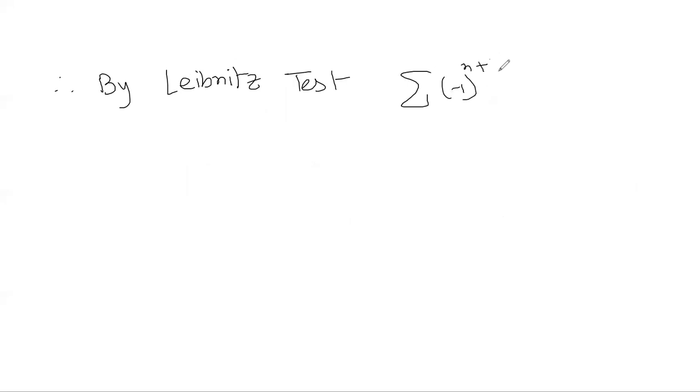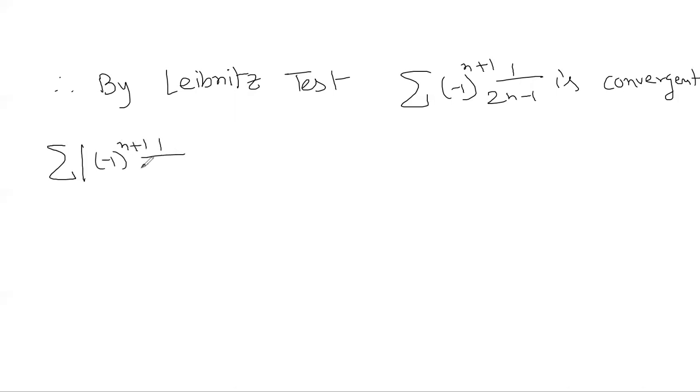So by the Leibniz test, minus 1 power n plus 1 by 2n minus 1 is convergent. Now we'll check whether it is absolutely convergent or conditionally convergent. If I take the modulus of minus 1 power n plus 1 divided by 2n minus 1, we get this series of positive real numbers.